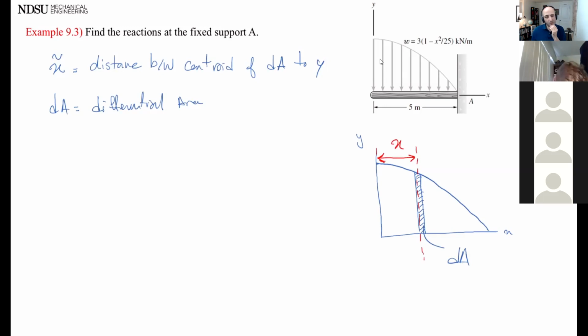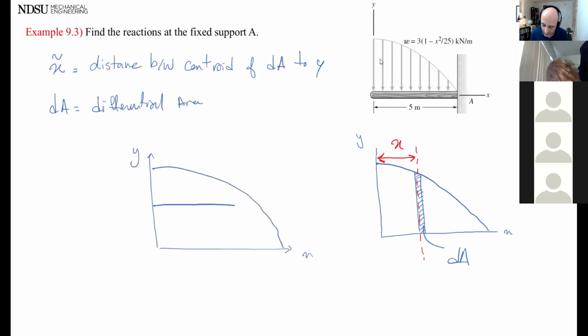Why do I tell you, hey, don't say x tilde is same as x? Here's an example. You can take a sliver of area any way you want. What if I take my sliver of area this way? Now what is the x tilde for this problem?